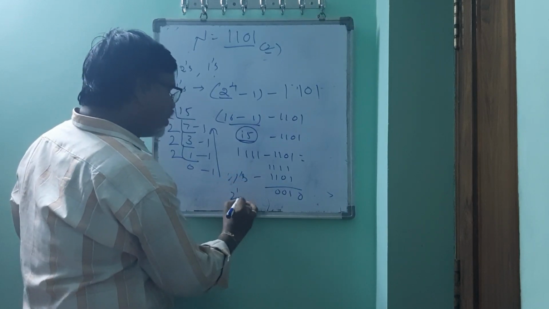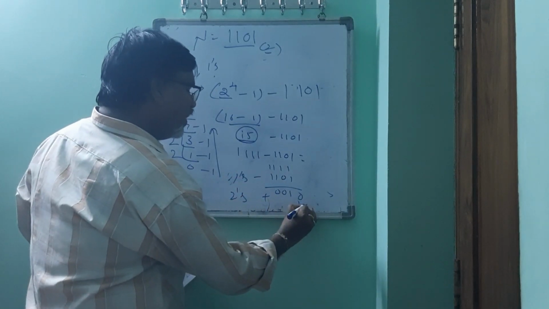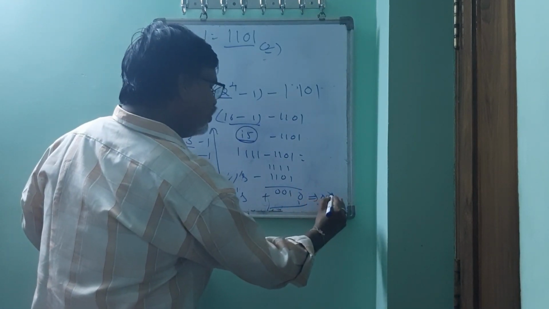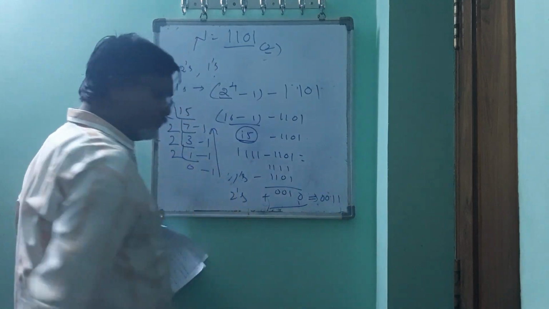If you want the 2's complement, you need to add 1 to this, which gives the result 0 0 1 1.